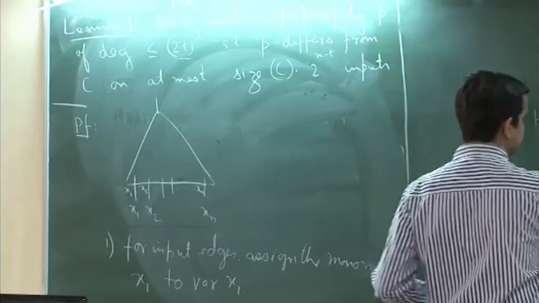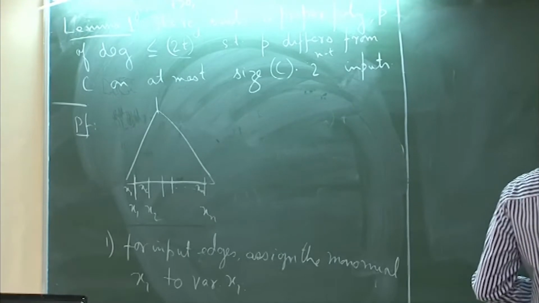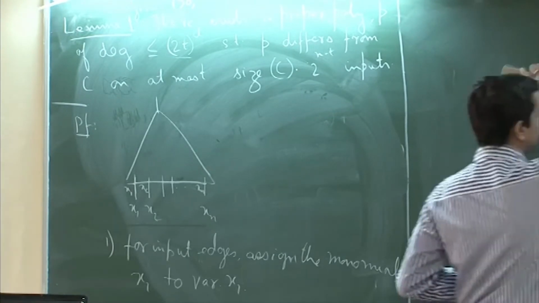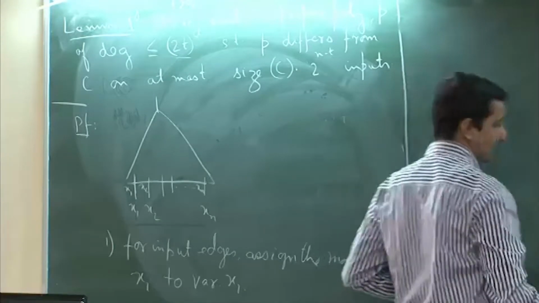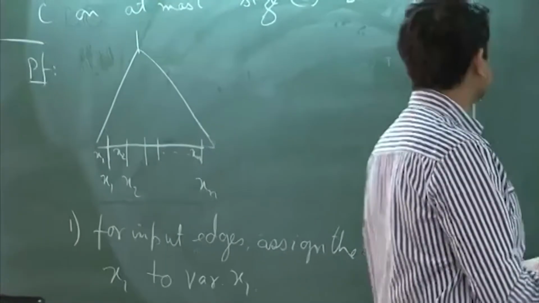So, clearly xi is a proper polynomial, because it is the identity polynomial. So, if it is 0 or 1, it will just give back the same value.